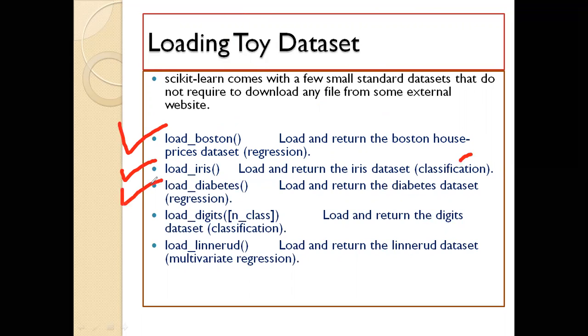Load_diabetes loads and returns the diabetes dataset for regression problems. Then load_digits, which loads and returns the digits dataset, and load_linnerud, which loads and returns the linnerud dataset, which we actually use for multivariate regression. And today we'll focus on one very famous data set, that is the iris data set. Okay.